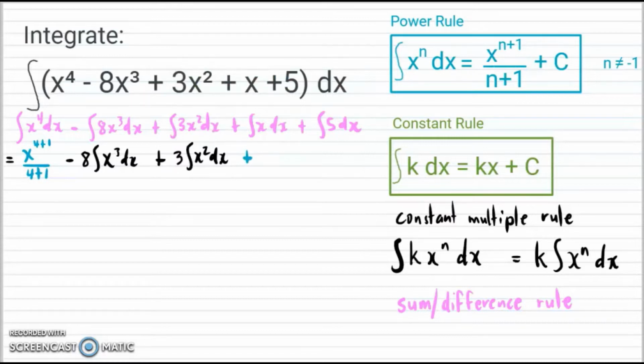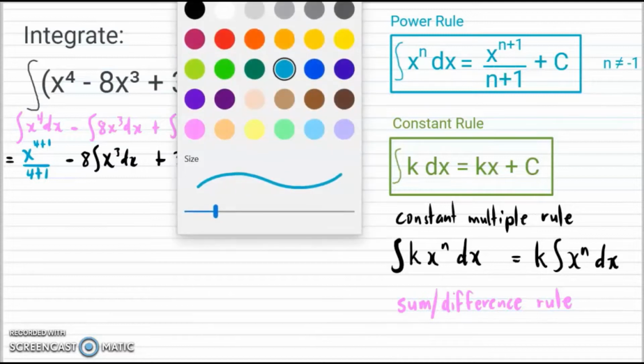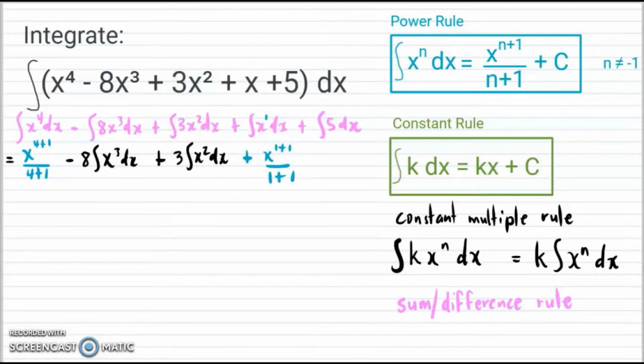So we have an implied 1 there as an exponent, right? So x raised to 1 plus 1 over 1 plus 1. And for this last term, we'll apply the constant rule where the integral 5 dx will be equal to plus 5x. And there we put our plus c, only at the very end.